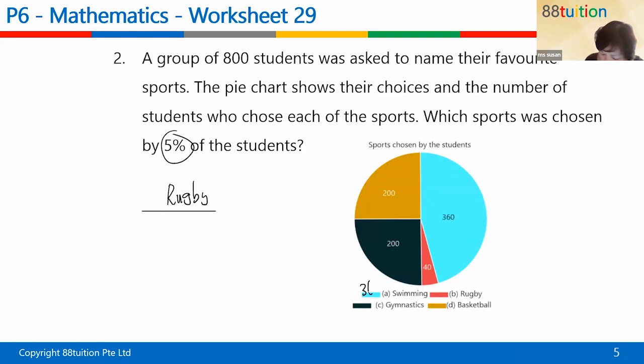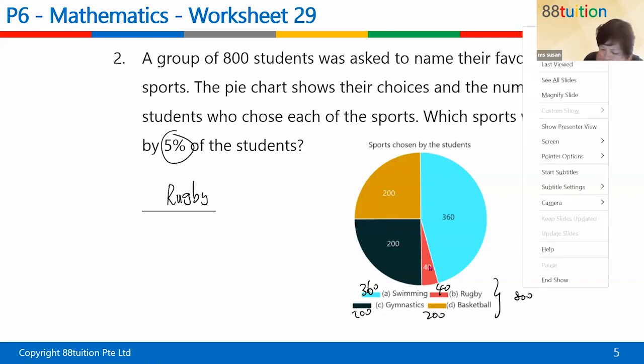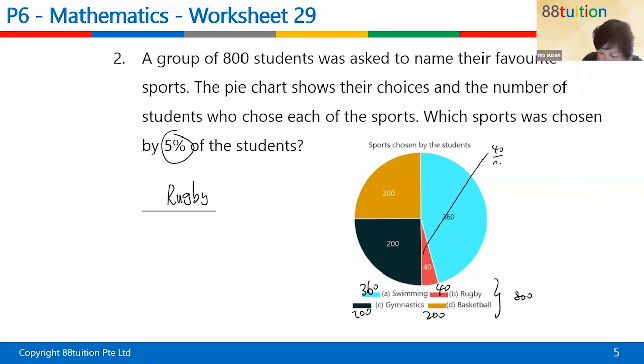This is 360, rugby is 40, already 400. So this is 200, 200. So total 800. So this is 40 out of 800, multiply by 100%, then you will get 5% for this. So it's rugby.